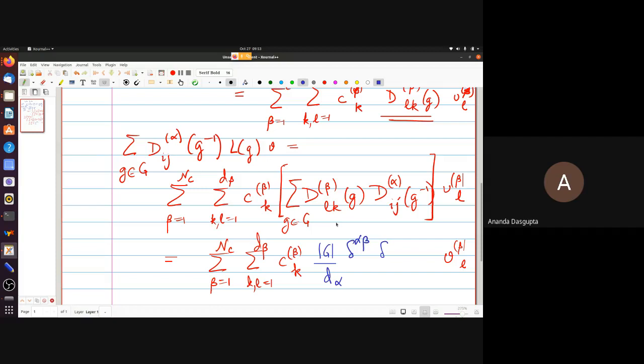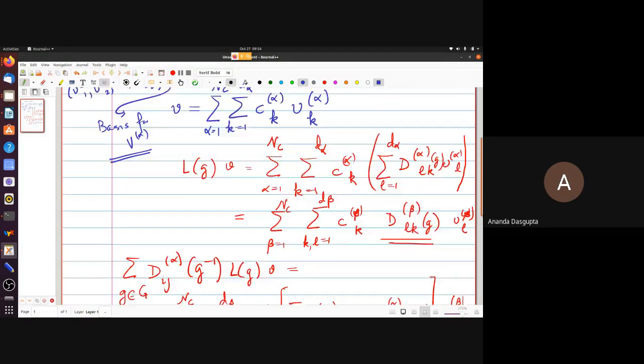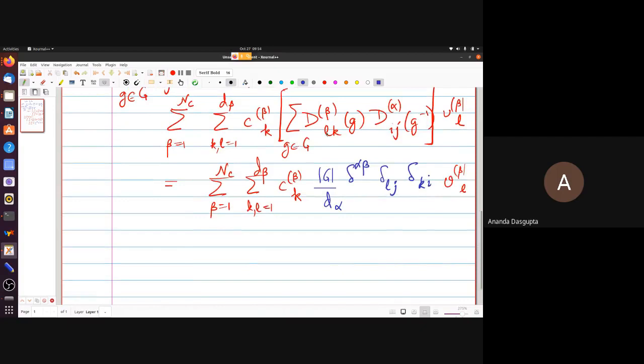Now we have to be a bit careful. Delta L J, the two extreme ones, delta Ki, I hope I've got this right. Remember, in the GOT, what you have is delta I prime, delta J prime. So the two extreme ones are the two closer ones. So here delta Lj, delta Ki.